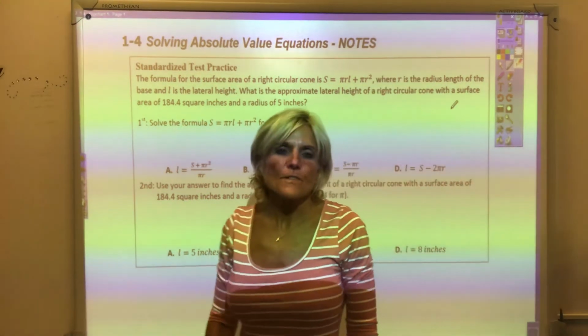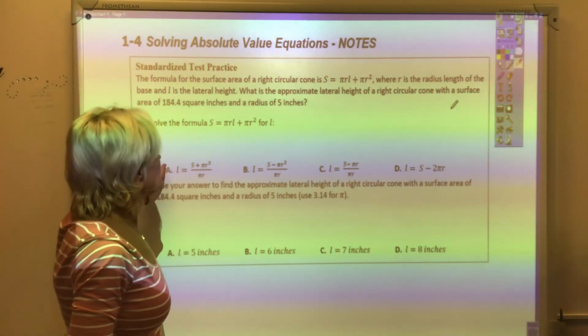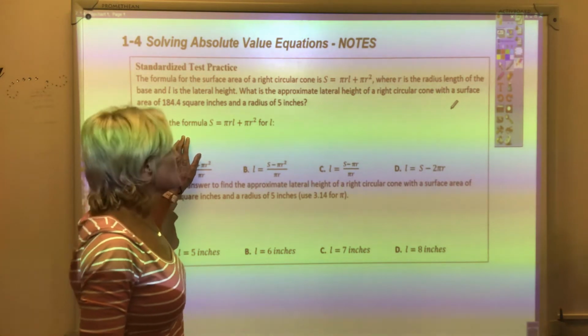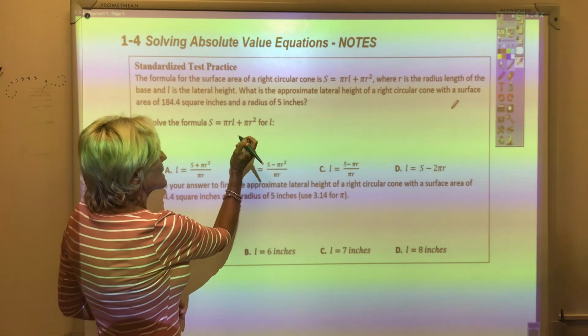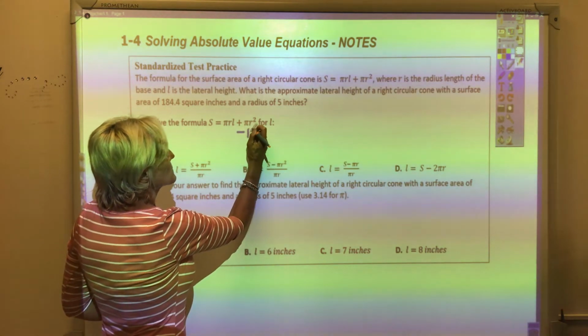So what we're going to do first is solve the formula for L. In order to do that, we will start off by subtracting pi r squared from both sides.